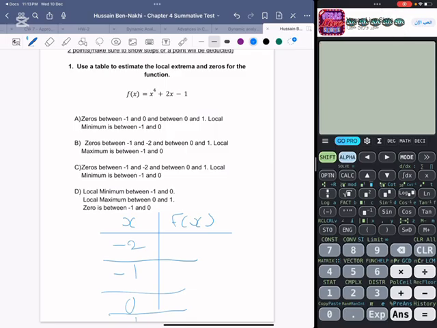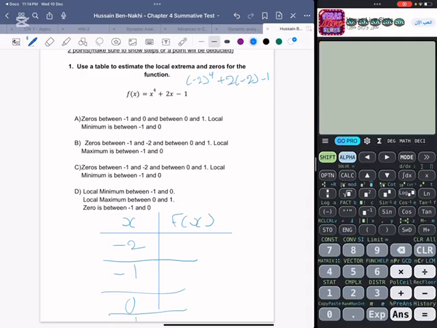X, which is -2. -2 to the power of 4 plus 2 times -2 minus 1.